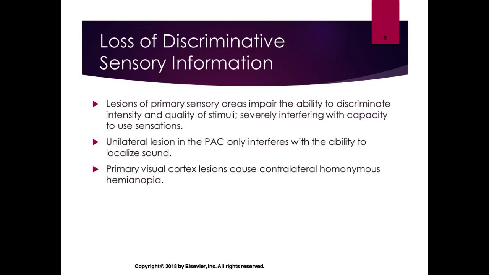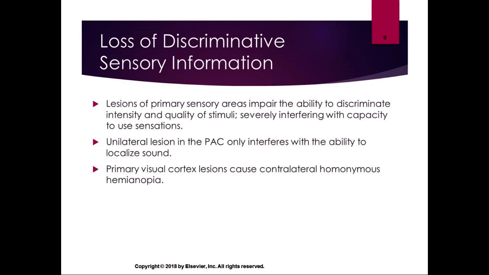So when we lose discriminative sensory information because of a lesion in the primary sensory area, it impairs the ability to discriminate the intensity and quality of stimuli. So it really severely interferes with our capacity to use the sensations that are coming in from the periphery.